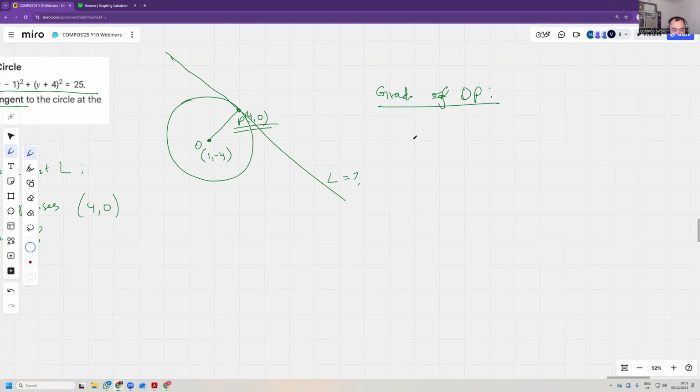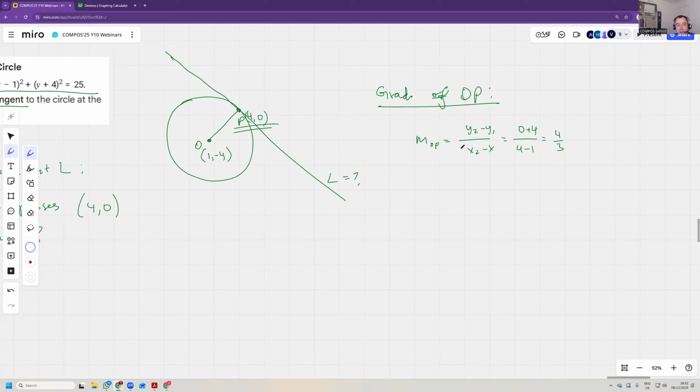The gradient of OP, m_OP, is y2 minus y1 over x2 minus x1, which is 0 plus 4 divided by 4 minus 1. So it's 4/3.